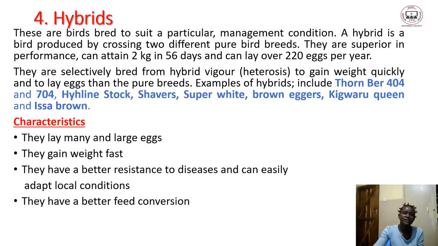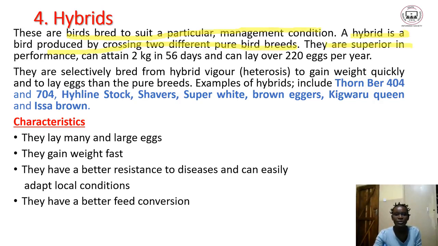The last category of exotic breed is what is well known as hybrids. These are birds bred to suit a particular management condition. A hybrid is a bird produced by crossing two different pure-bird breeds.